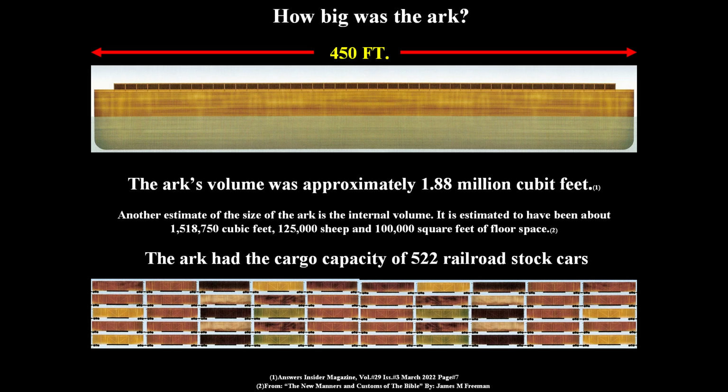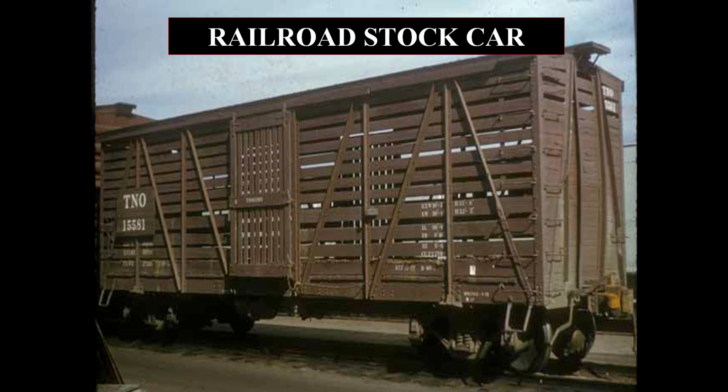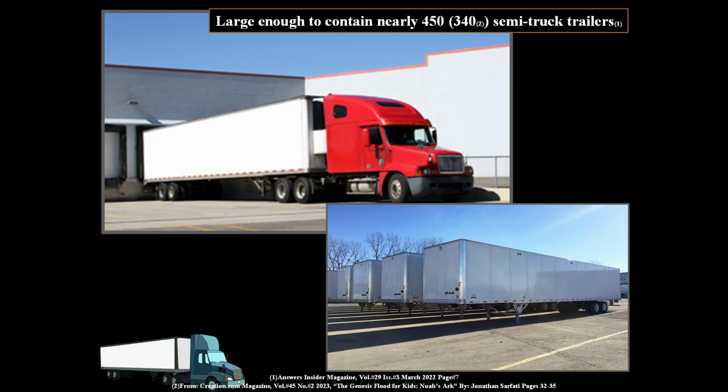And now the ark had the cargo capacity of 522 railroad stock cars. Now, this is what a stock car looks like. We're not talking about racing here. We're talking about what you would put animals in. It was large enough to contain nearly 450, and another estimate I got was 340 semi-truck trailers.